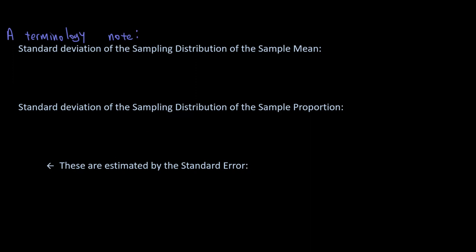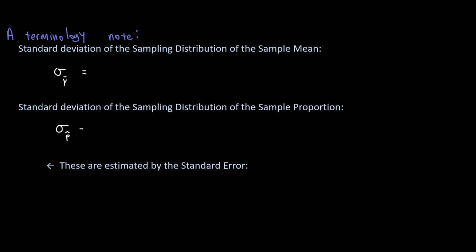And while we're here, I would like to make a distinction on some terminology. We've discussed standard deviations of two types of sampling distributions. We've got the standard deviation of the sample mean and the standard deviation of sample proportions.